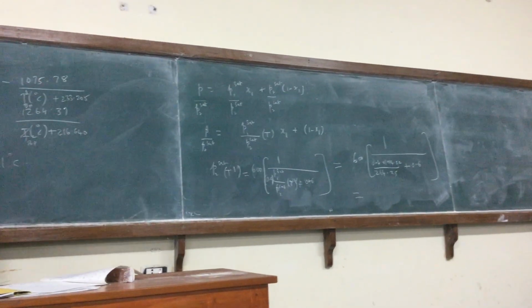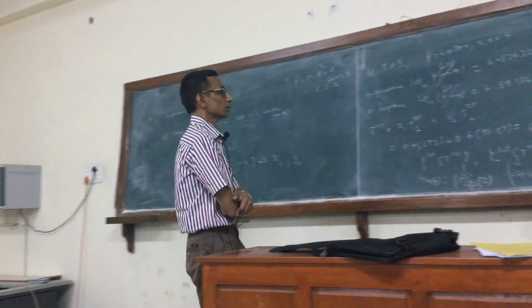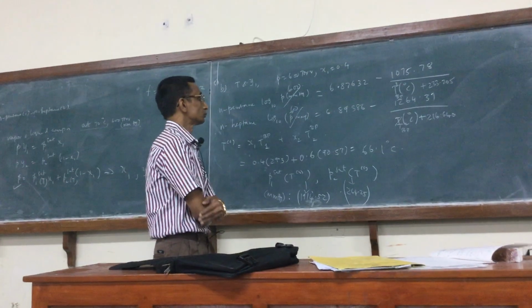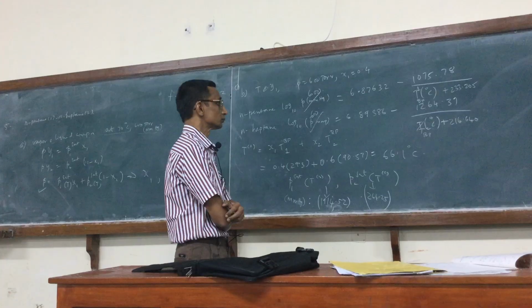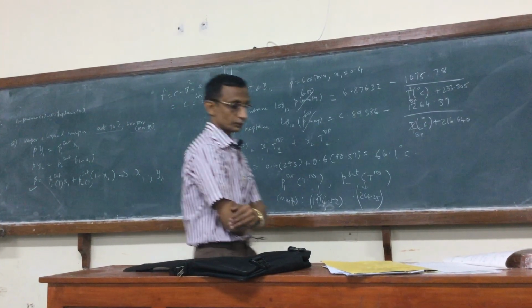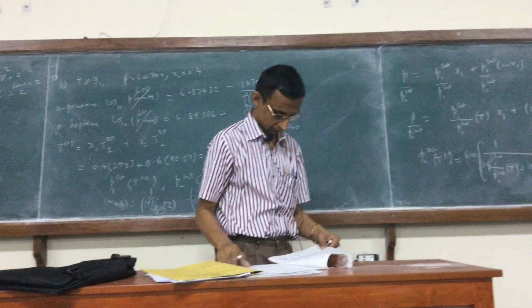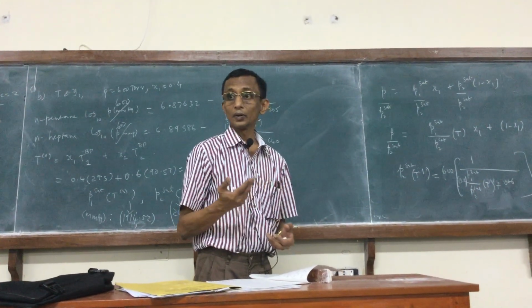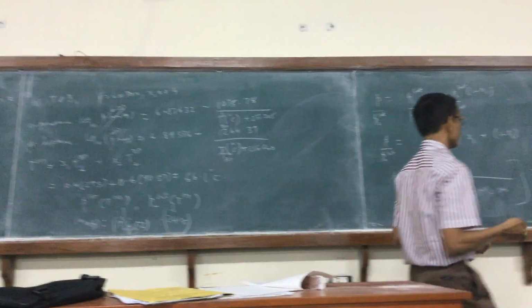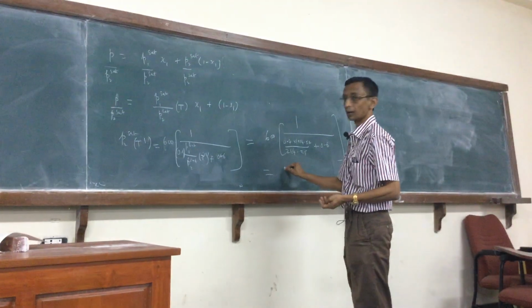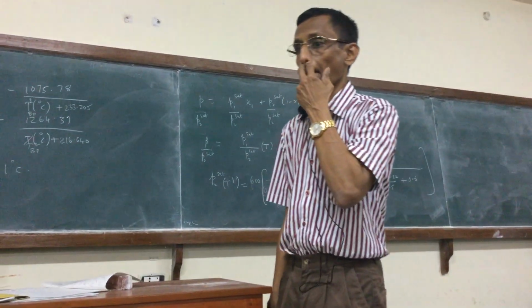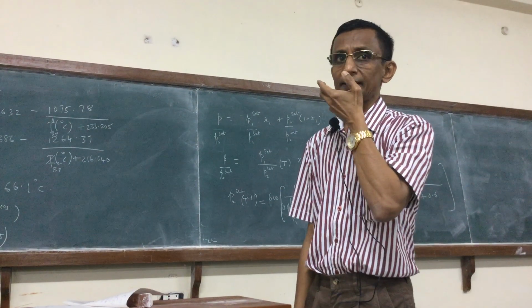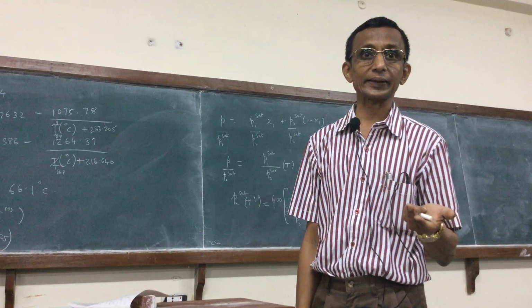That is easy to calculate. What is the answer? 600 times this. However easy and trivial it is, you still have to do the calculation and get the correct answer.